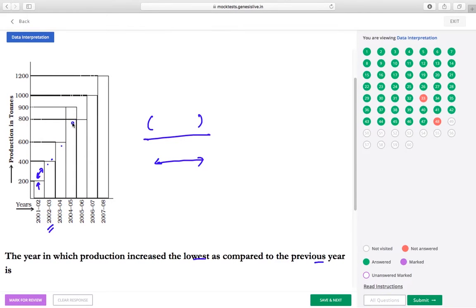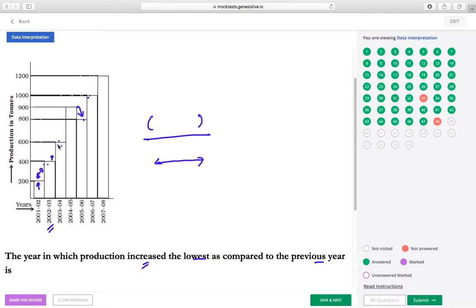So similarly, if you observe, the difference is constantly 200: 200 to 400, 400 to 600, 600 to 800, and then 600 to 900. All right, and then there's a dip. Don't worry, we're not worrying about that. We're only worrying about increase. Okay, so then from 800 to 1000, and then 1000 to 1200.